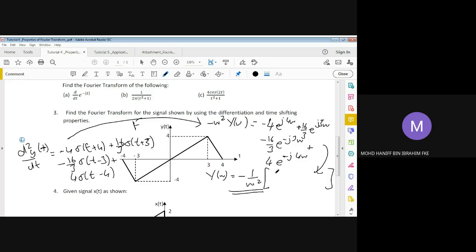Hopefully it's clear how to use the differentiation and time shifting properties as requested in this question. Remember, when doing this differentiation for the Fourier transform, always differentiate until you meet the impulse function. That is where you stop your differentiation step.